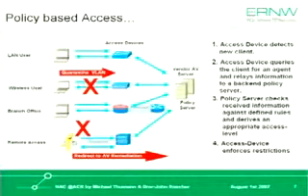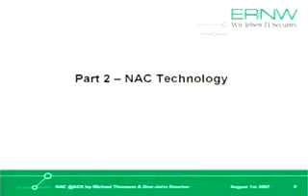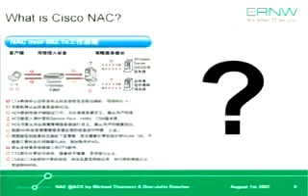The backend server derives a so-called token, which is associated with restrictions. These restrictions are communicated back to the network access device, and then they're enforced. That's basically how it works. We'll look at this in a bit more detail.